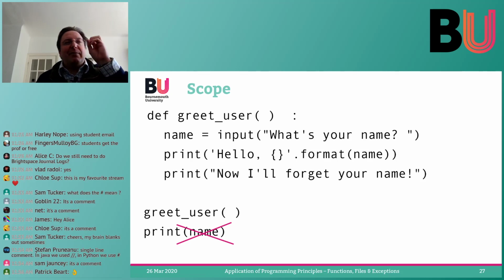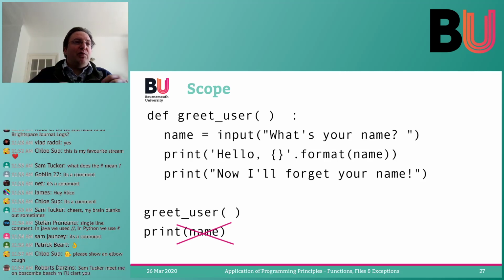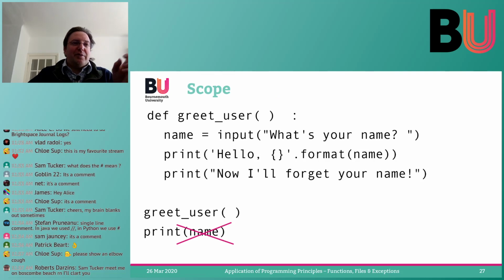Every time you call that function, it creates a new variable for that particular call of the function where you can store the name, and it disappears afterwards. So if you call greetUser inside greetUser, you would have 2 copies of the name variable. So as that slide shows, when we use the print at the bottom, that name doesn't actually exist.